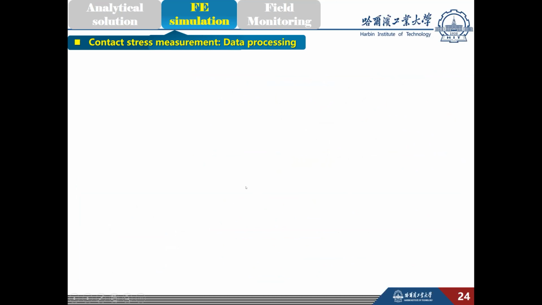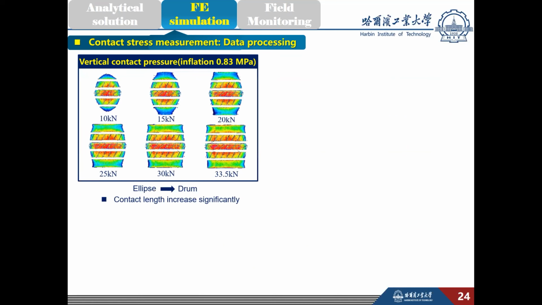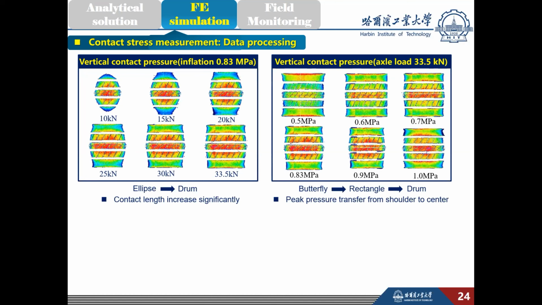Here are some results for contact stress measurement. This plot presents the vertical contact pressure with the tire inflation of 0.83 megapascal. The shape of the tire imprint or grounding pressure changes from an ellipse to a drop with the increase of axial loads. The second plot gives the vertical contact pressure with the axial load of 33.5 kilonewton.